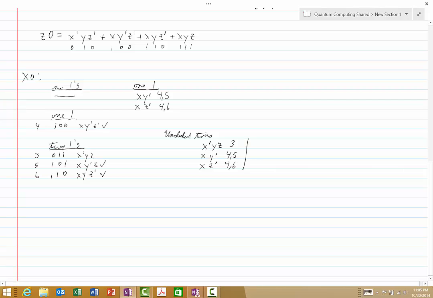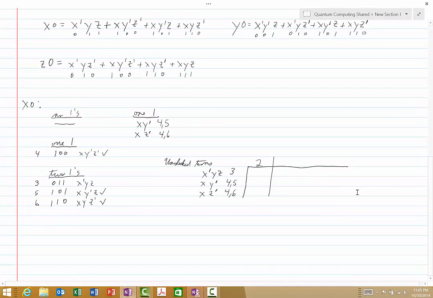So there is our vertical listing of all the unchecked terms, and now on the top we want to list horizontally all the terms that are in the function. Now this first one, 0, 1, 0, that is 2. Oh, well, we made a mistake here because that was not included, sorry, I'm looking up at Z0.